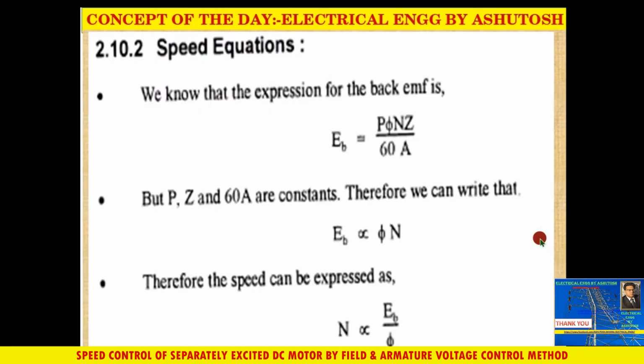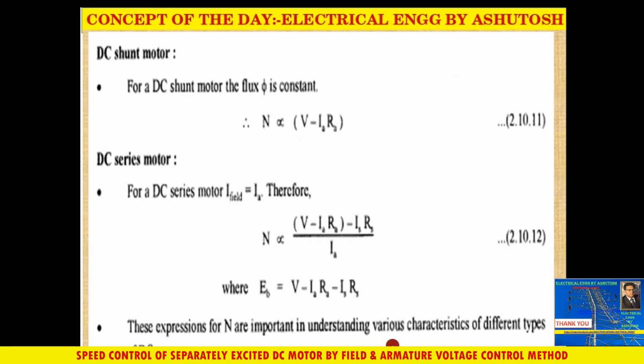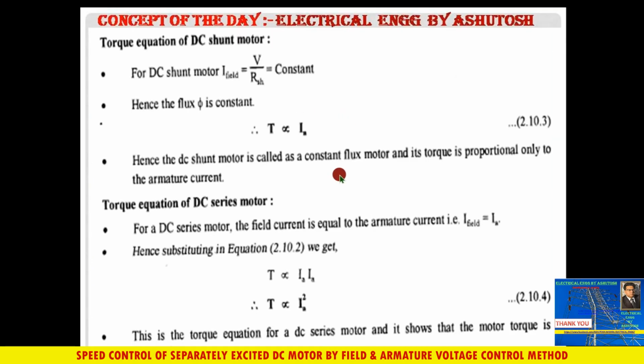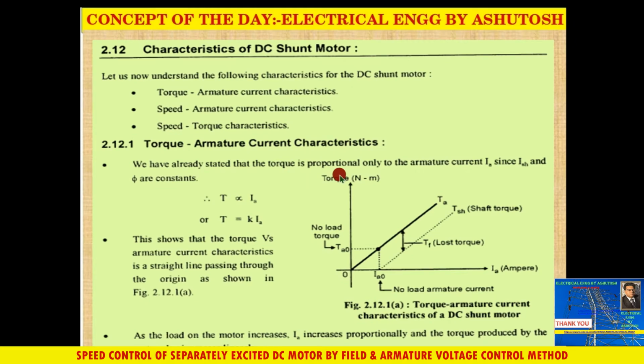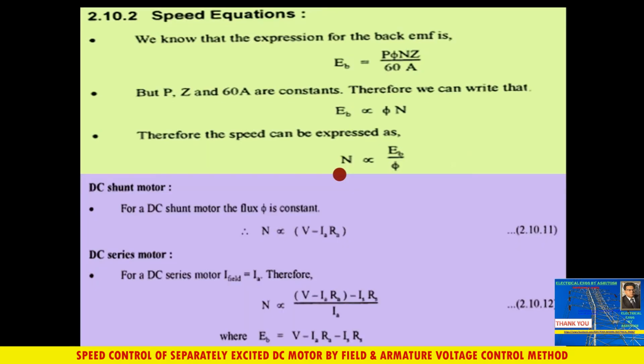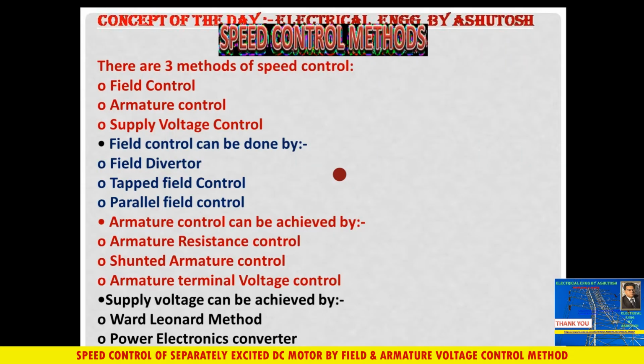You know the back EMF is equal to P phi N Z upon 60A, so back EMF is proportional to phi into N, and the speed is proportional to Eb upon flux, which you can write as V minus Ia Ra upon flux. This is the formula, and these are the different characteristics you can draw for a separately excited DC motor.